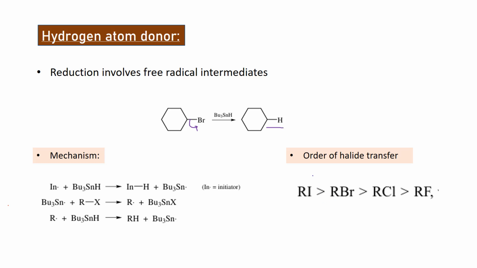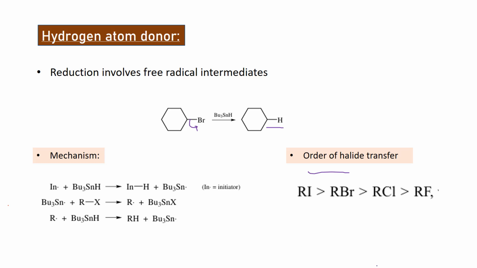This is the order of halide transformation. With increasing bond strength of the carbon-halogen bond, the rate of the reduction decreases. The carbon-fluorine bond is formed by 2p-2p overlap, so it is a stronger bond than the other carbon-halogen bonds.